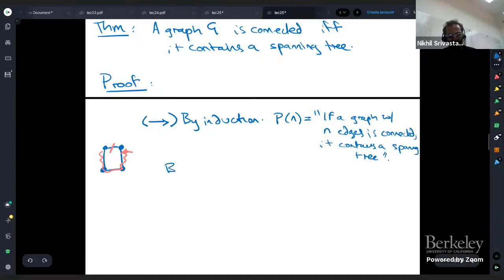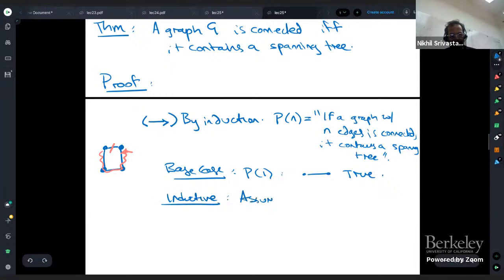Okay, so now a base case. P of 1 is just this graph. This is true. There's only one connected graph with one edge. Okay, inductive step. So assume P of k.